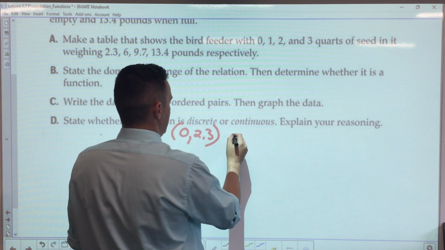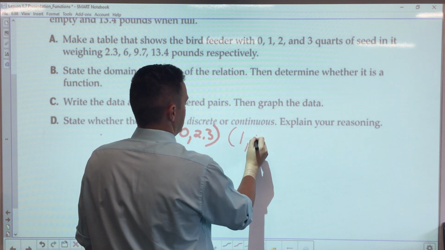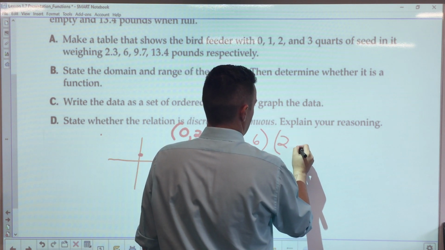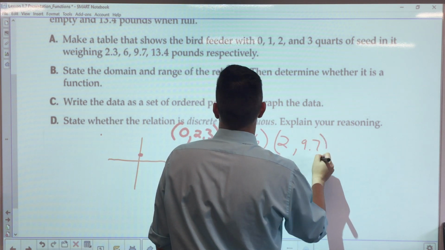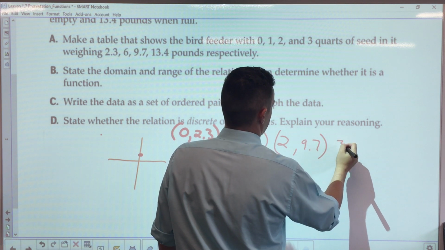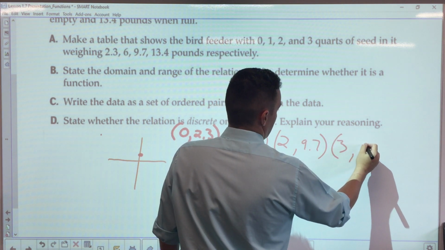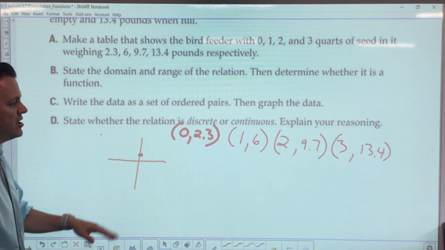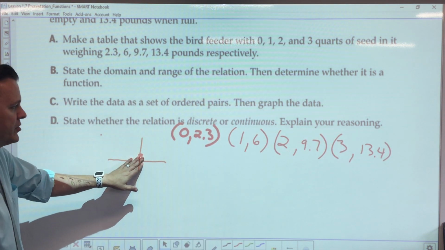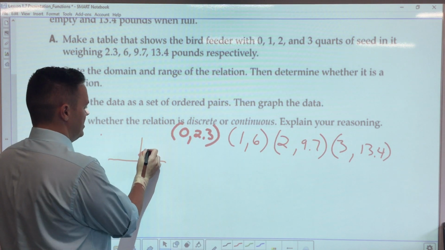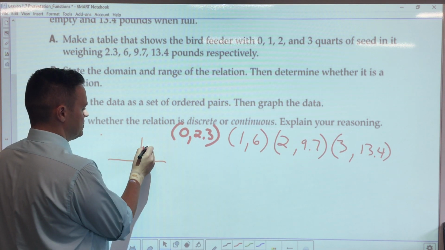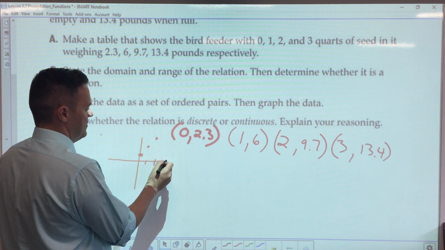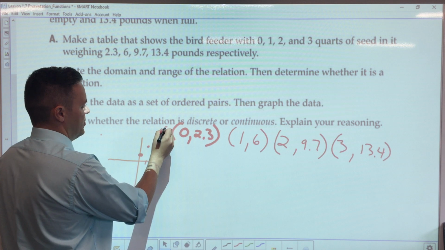The next point would be 1, 6, then you would go 2, 9.7, and then your final point would be 3, 13.4, okay? Now, if I start at 0 and go to 2.3, the next point over would be 1, and then 6, and then you go over again, 2, 9.7, and then finally you have 3, 13.4.